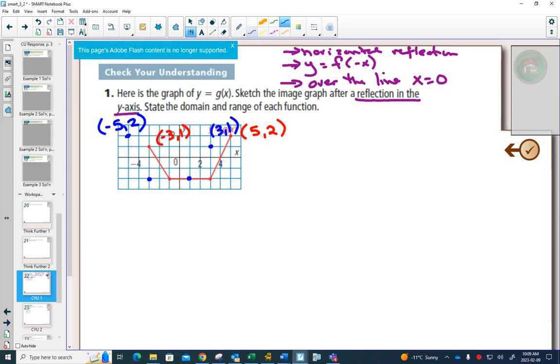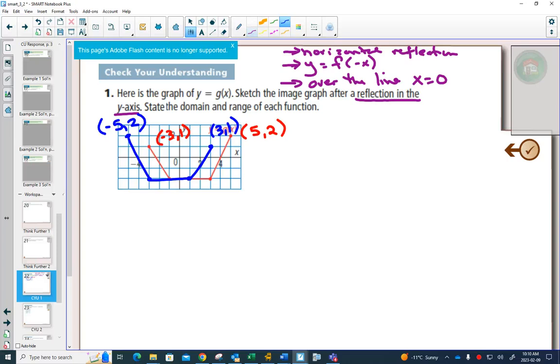So all that's happening is your x values are getting multiplied by negative. We can do a little bit of connect the dot right now, always fun, and draw the graph. Can you see that the red one was flipped over? Sort of like that to match up with the blue.